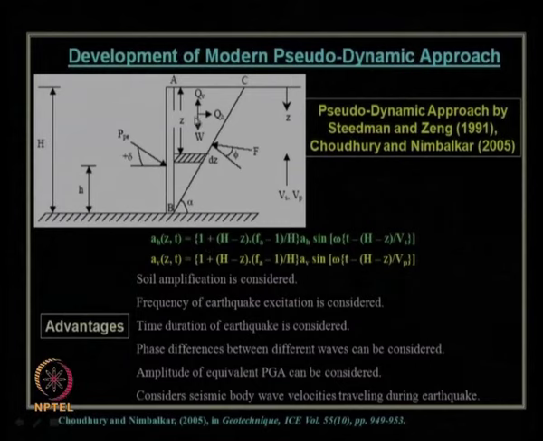h minus z, that is at a depth of z, a small infinitesimal slice of thickness dz is considered. Okay? So, how does it vary? 1 plus (h minus z) times (fa minus 1) by h. That means fa considers the soil amplification factor. Soil amplification factor is nothing but, from the bedrock to the ground surface, how much the PGA value got amplified, or the maximum value of earthquake acceleration got amplified.